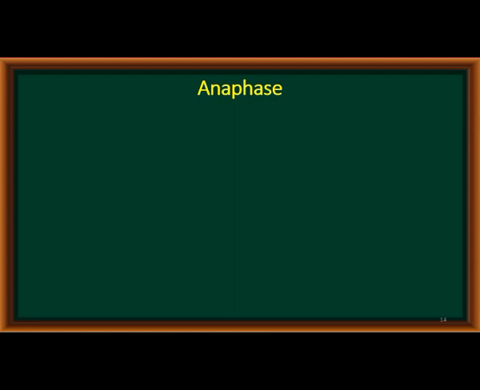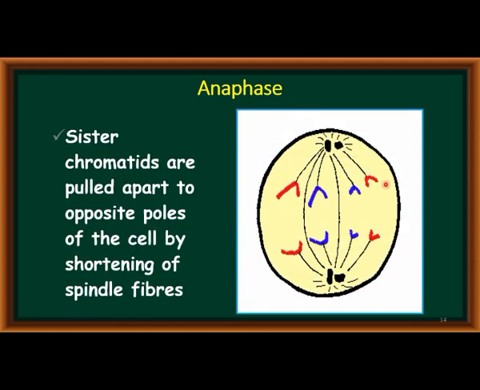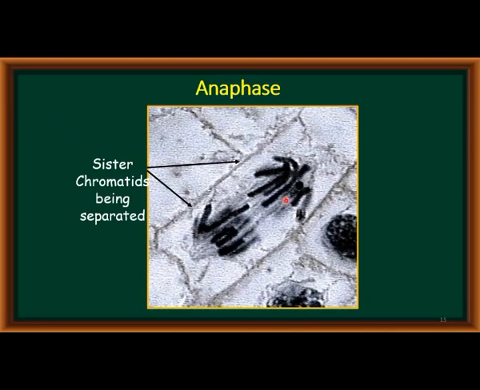Anaphase occurs. During anaphase, the sister chromatids are pulled apart to the opposite poles of the cell due to the shortening of the spindle fibers. So these are the sister chromatids which are being separated during anaphase.